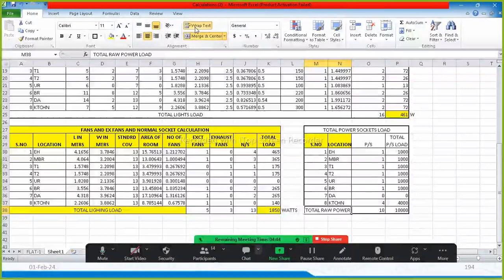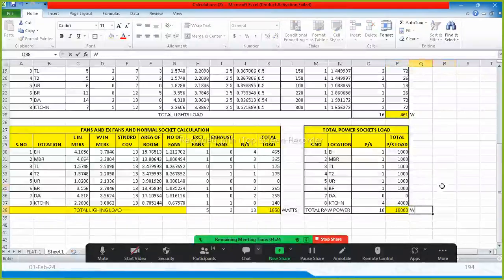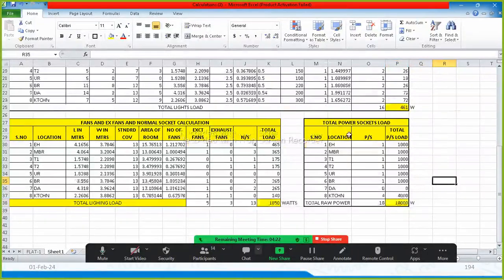This is the total raw power load, which is 10,000 watts. Okay, now I got the total raw power load.